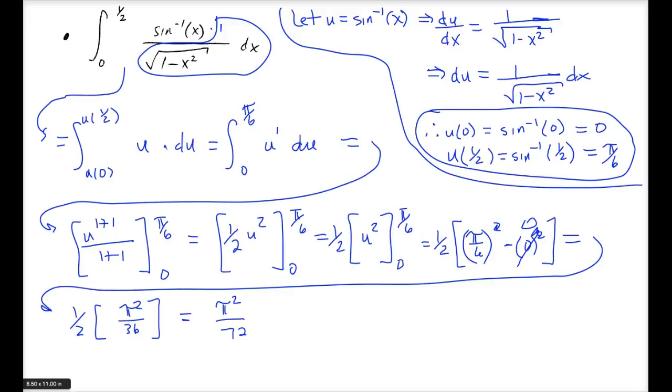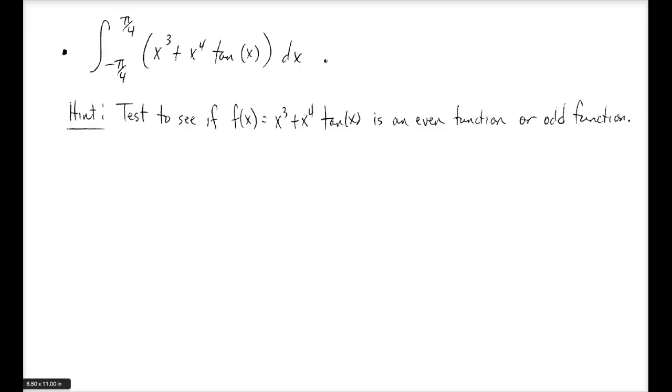Winding down. All right, so for this next example, we're wanting to take the definite integral of x cubed plus x raised to the 4 times tangent of x. But we see here that the limits of integration are from negative pi over 4 to pi over 4.